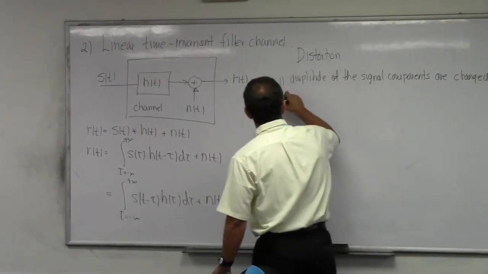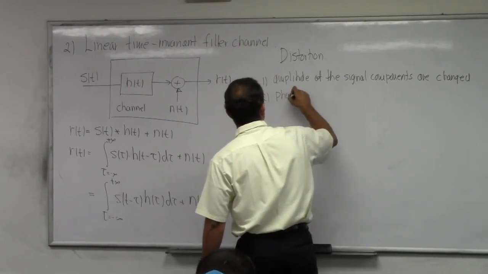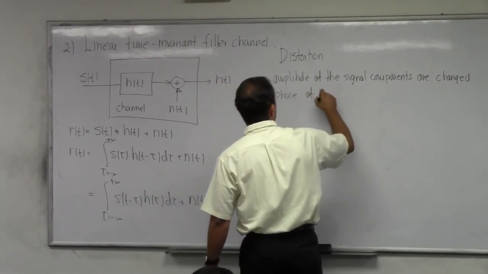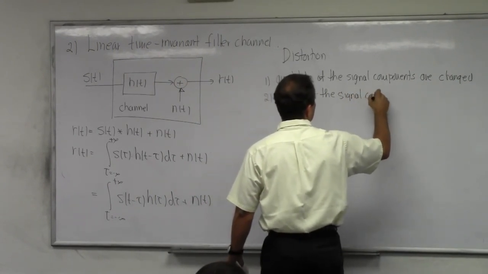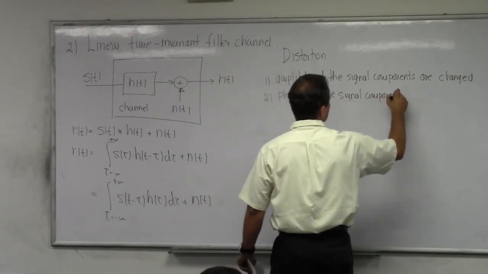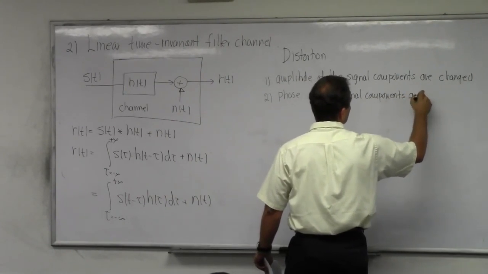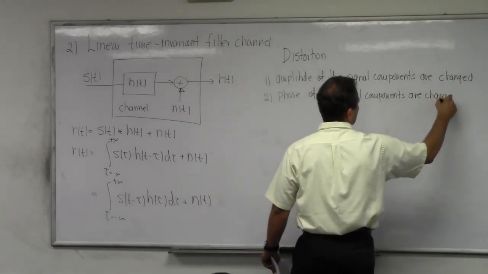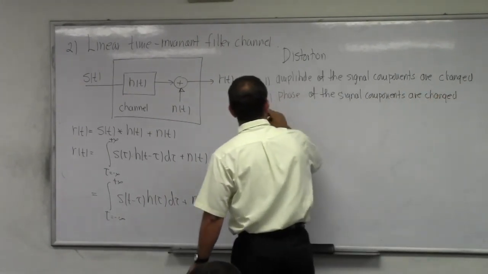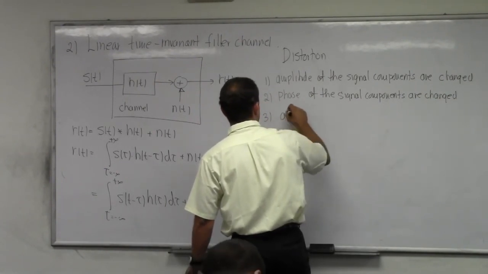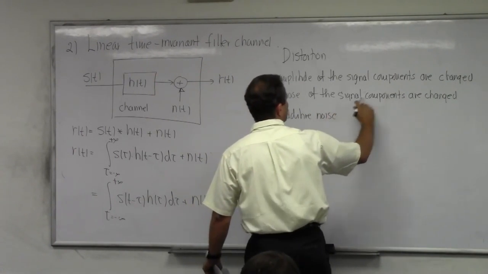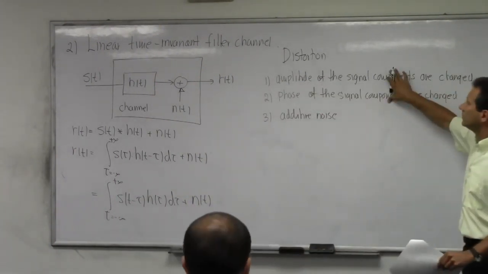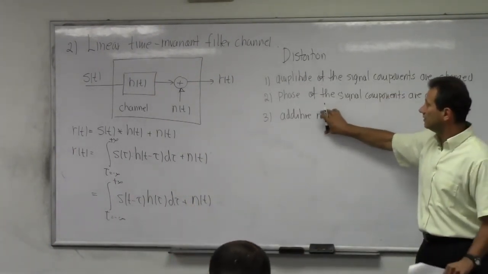Also, the phase of the signal. And then the third one is you still have additive noise. These two are, again, non-additive distortions. This is an additive distortion.